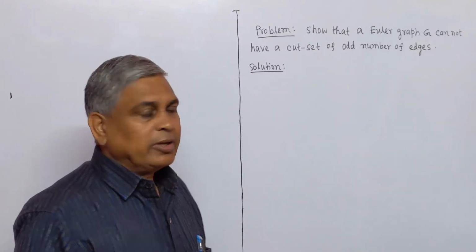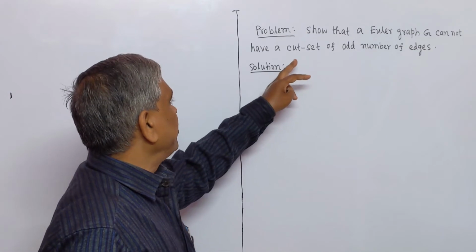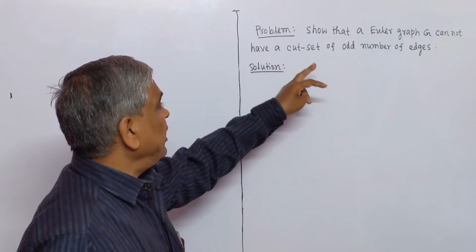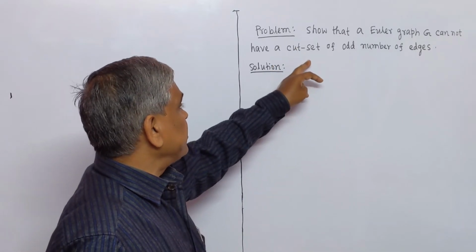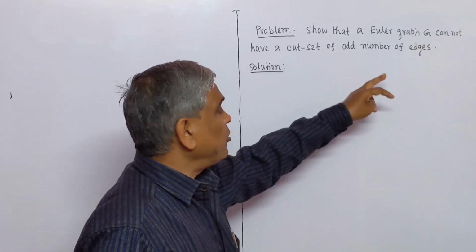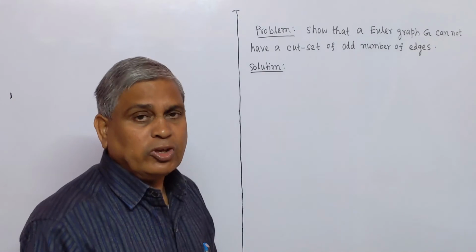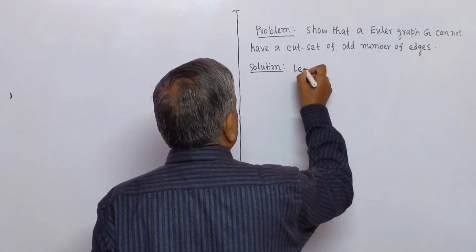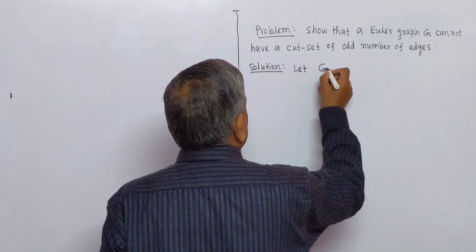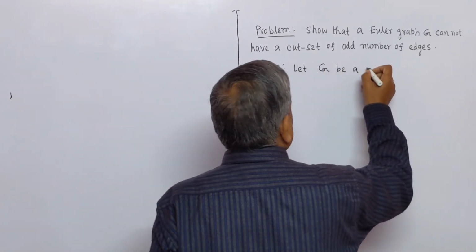Now we solve the next problem. The problem is to show that a Euler graph G cannot have a cut set of an odd number of edges. Now we solve this. Let G be a Euler graph.